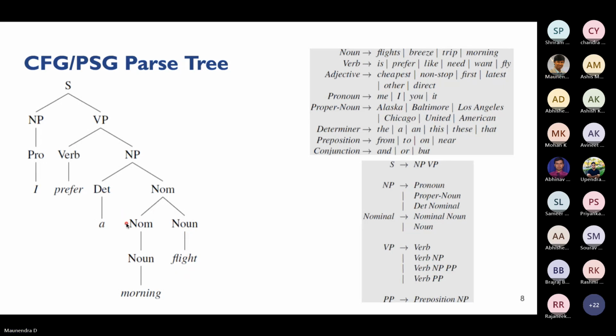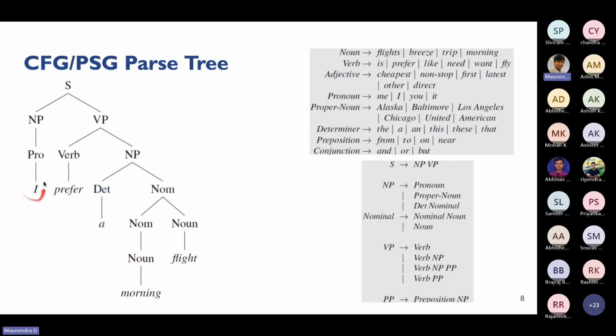So one can actually try to get these parse trees in a very brute force manner. You start with S and you keep expanding. You expand S to NP VP, and then you see what possible expansions there are for NP. You take the first one, so NP to pronoun, and for pronoun, you try to generate and see whether any of these match the terminal that we see here.